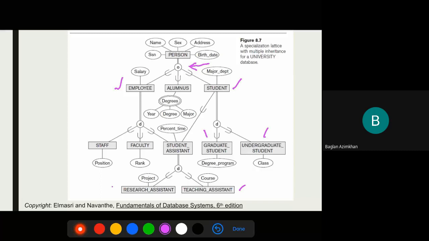I can't think of another example off the top of my head. I think it's less likely to find overlapping, but it's possible. Do you understand? Yes, I understood. Okay.